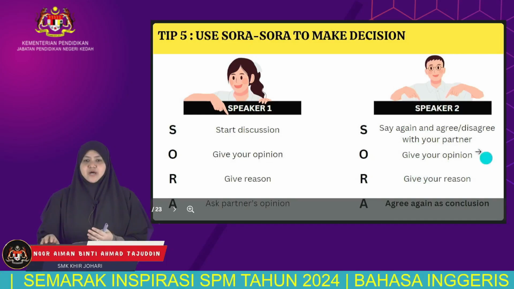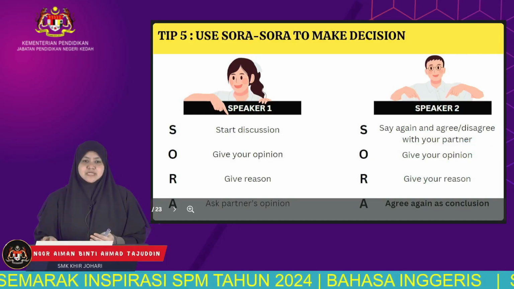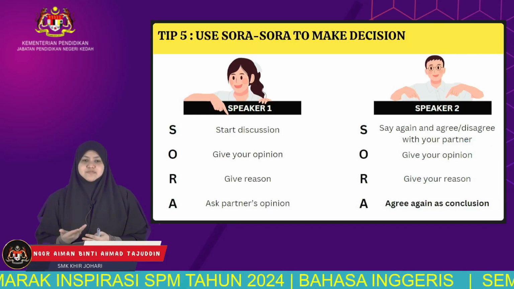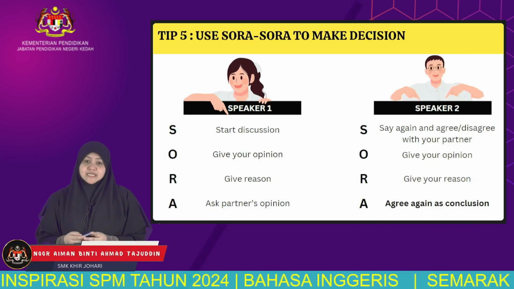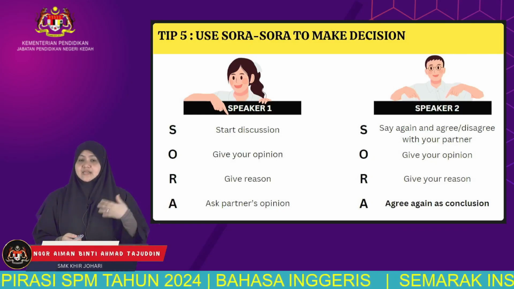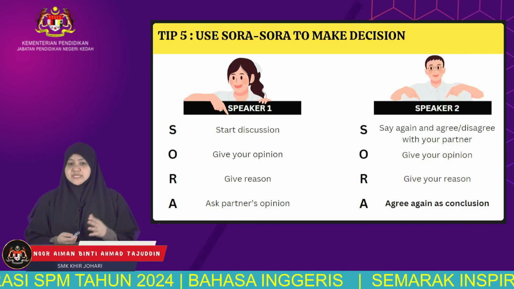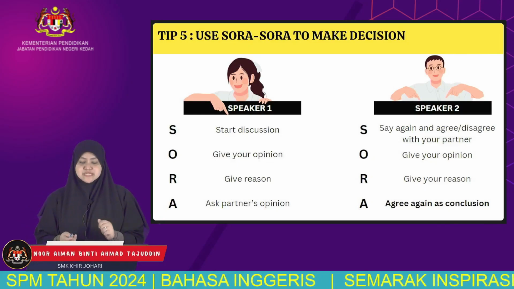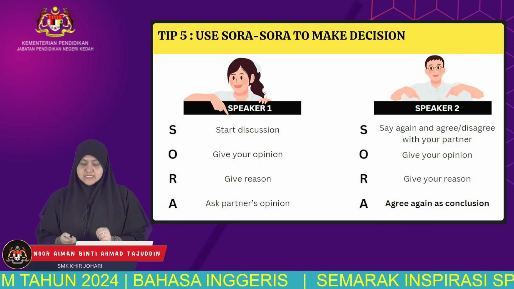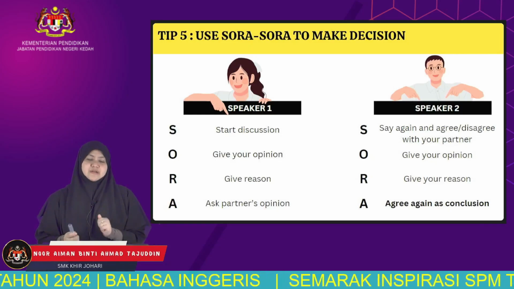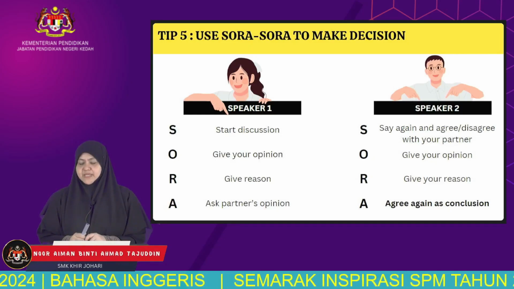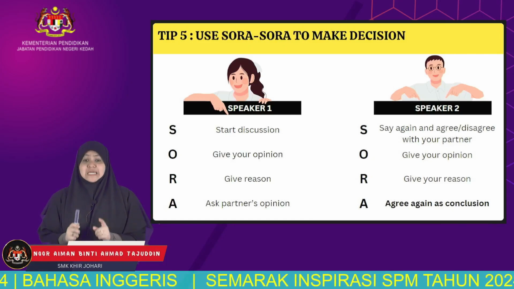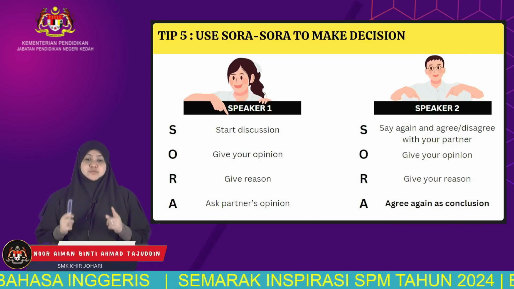Speaker 1, you can start your discussion, give your opinion, give your reason, ask for your partner's opinion, and speaker 2, say again and agree or disagree with your partner's choice, give your opinion, give your reason, and finally agree again as a conclusion. Now for this part of the test, you only have about 1 minute to complete the task. You will not be penalized if you're not able to come to an agreement.